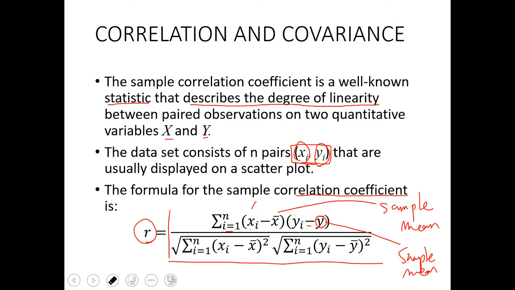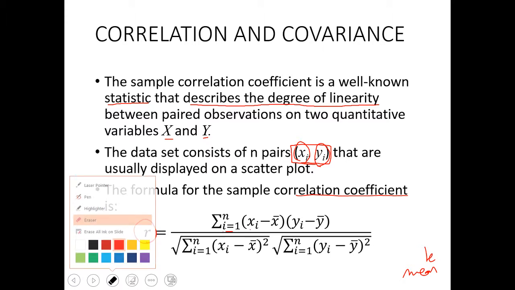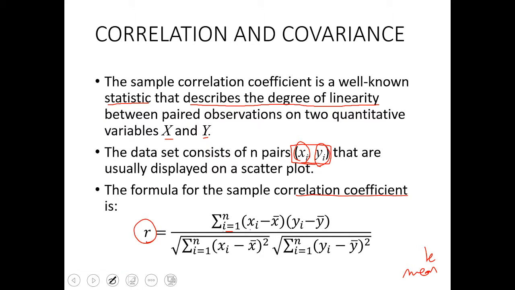And the denominator is a little difficult, but it is just a squared error between the observed sample minus the sample mean.